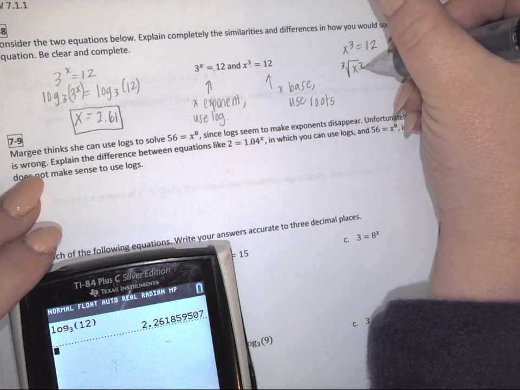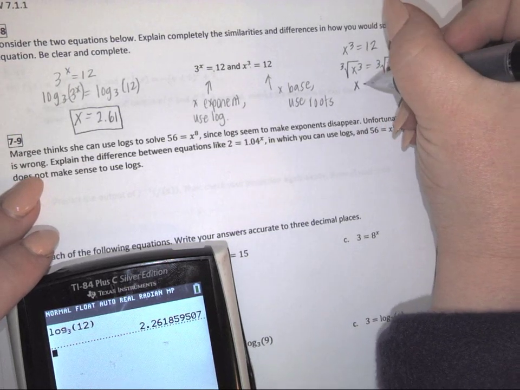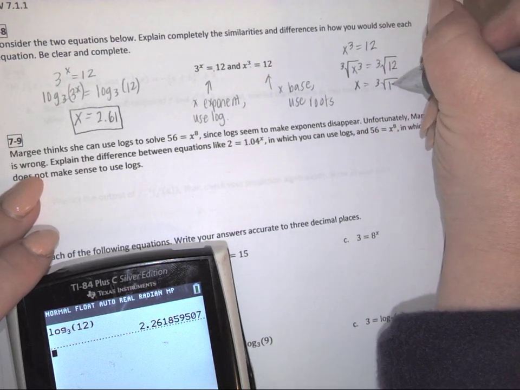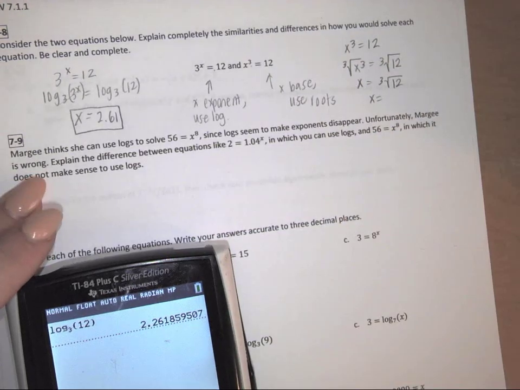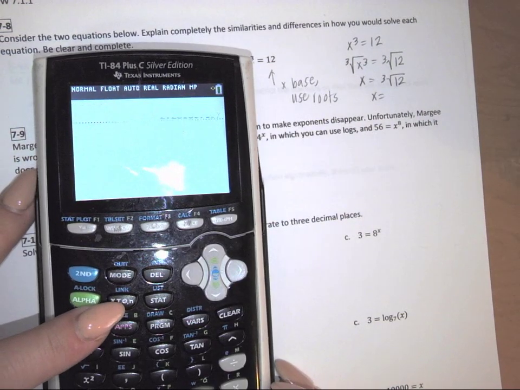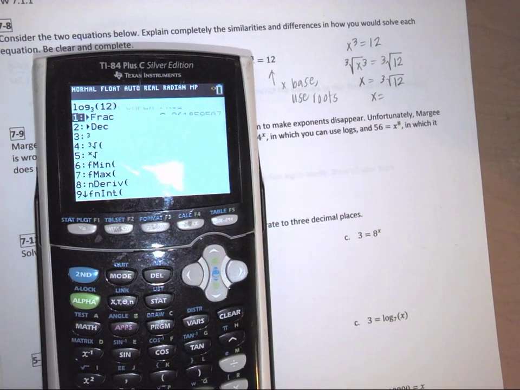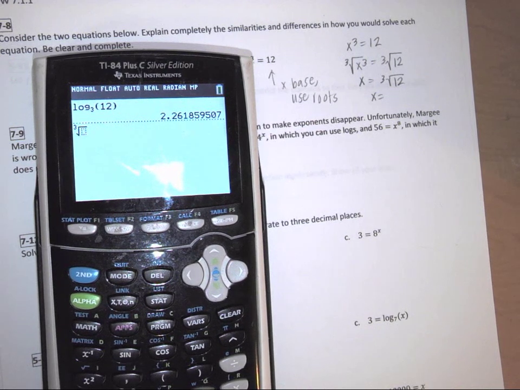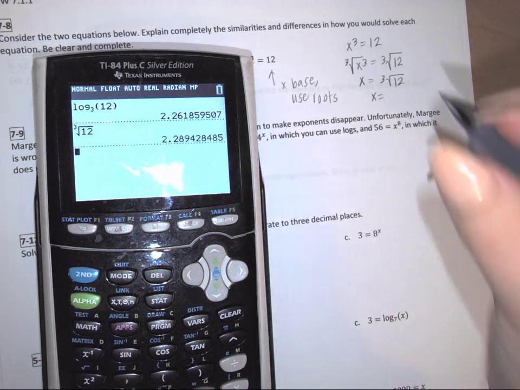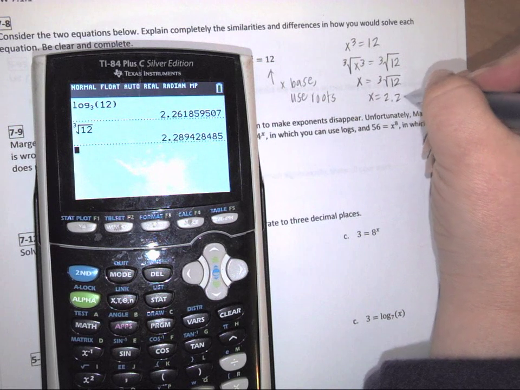And that undoes that, and then you get x equals the cube root of 12. And then you do math 4, and you get 2.289.